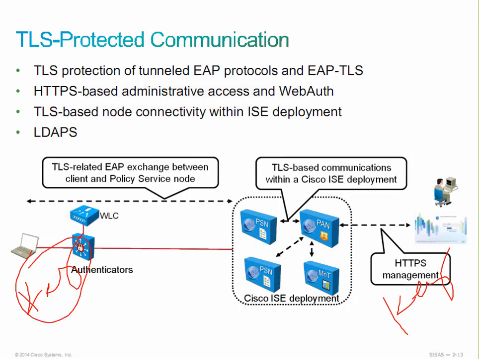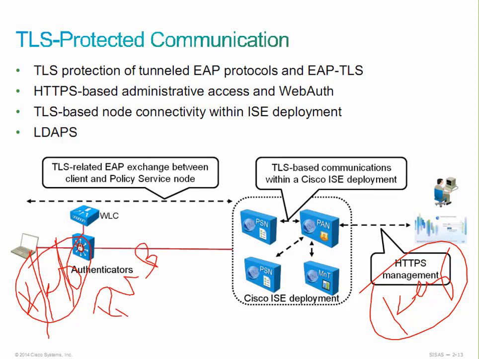So how can I ensure that this key is shared between the two endpoints without actually compromising the key by sending it over some sort of public channel and not having the overhead of trying to manage that key distribution through some sort of out-of-band key distribution method? So we take the public certificate of the ISE server and we encrypt that key with that public certificate.